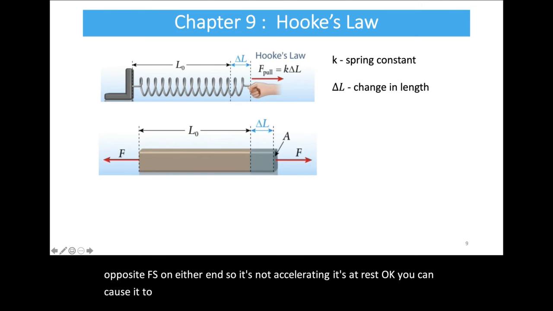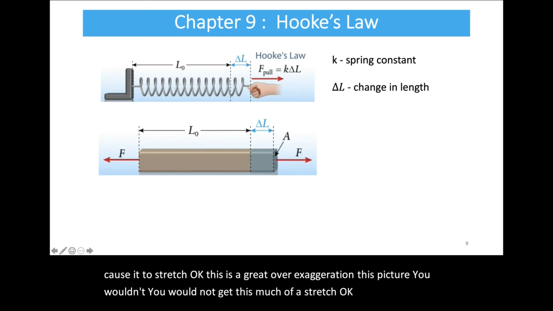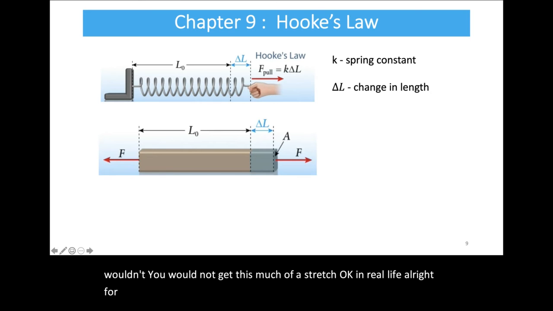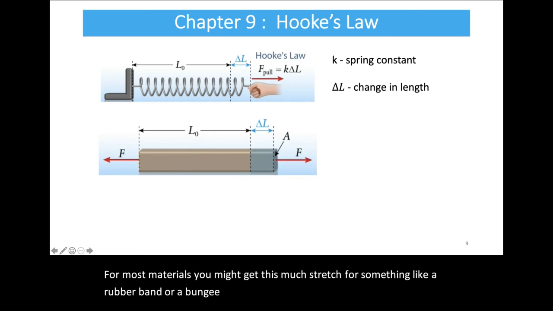This picture is a great over-exaggeration. You would not get this much of a stretch in real life. You might get this much stretch for something like a rubber band or a bungee cord, but for a piece of metal, you wouldn't.